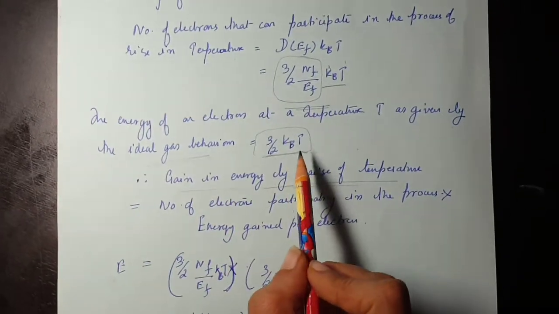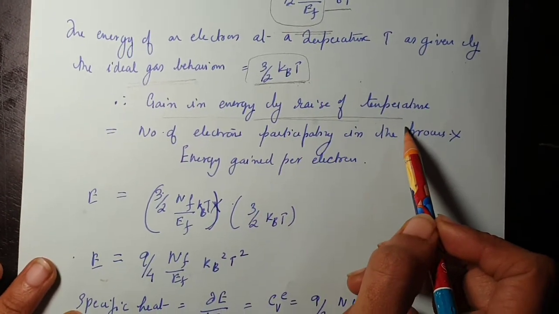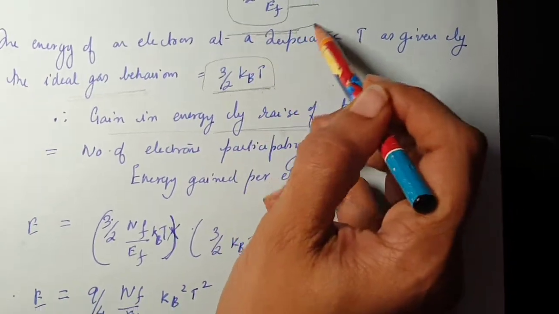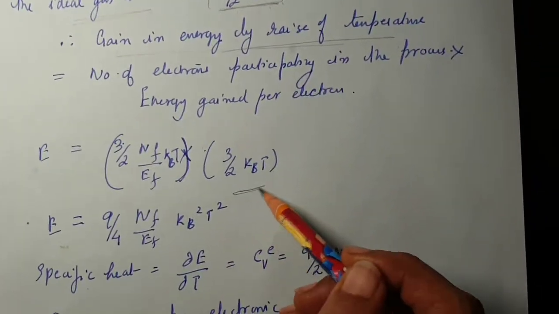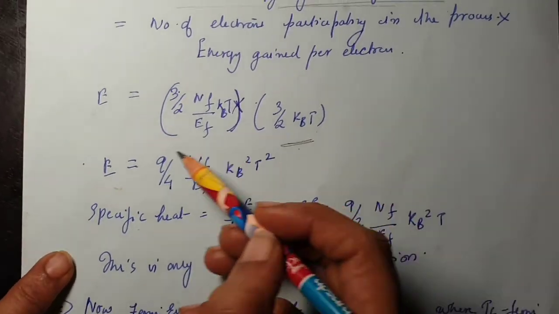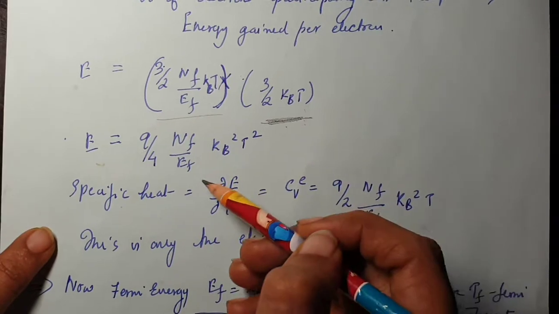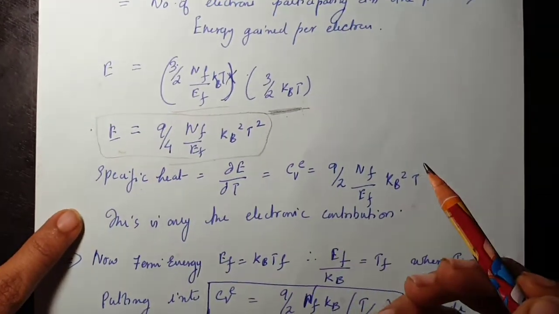So to find the gain in energy by raising the temperature to T, you have the number of electrons that can participate, this much. So you multiply by that 3 by 2 kBT. When you multiply the number of electrons by 3 by 2 kBT, then you have this. This is your formula for rise in energy.